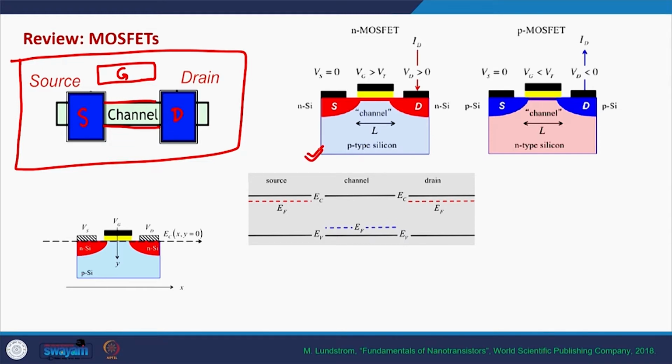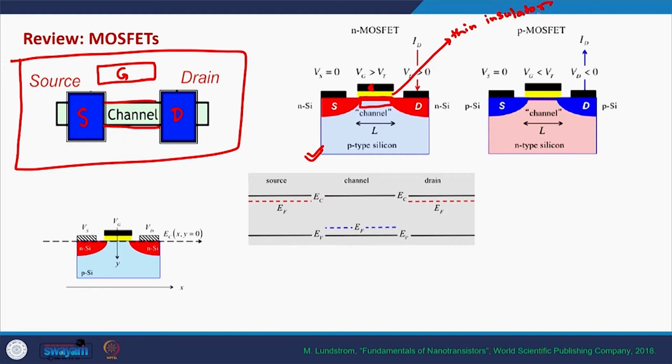We have a semiconductor substrate. In this case, there is a p-type semiconductor substrate, and in this substrate we have an n-type source contact and an n-type drain contact. Between the source and the drain contacts, this region is known as the channel region, and the channel region is primarily controlled by the third terminal, the gate terminal, which is isolated from the channel by a very thin, extremely thin oxide or insulator.